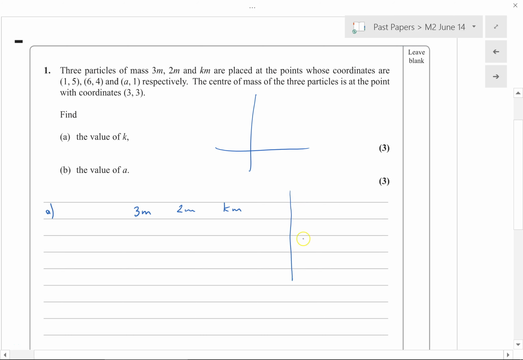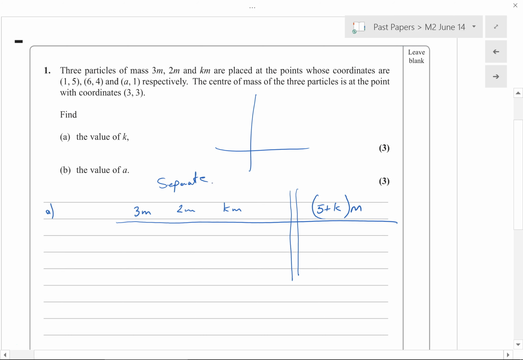Obviously those connected together will be 5m plus km, so that's 5 plus k. M will be the three masses added together to have the composite. So these are the separate ones.